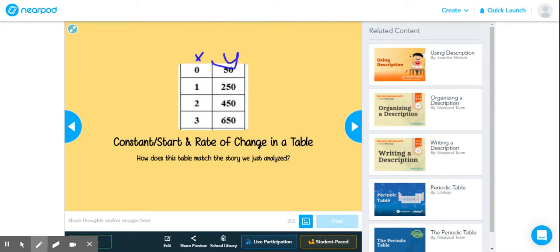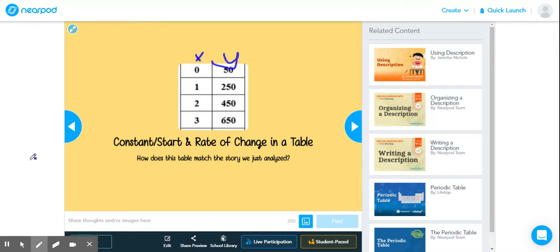Here it says constant start and rate of change in a table. How does this table match the story we just analyzed? Look at this table and tell me how and where you see those same values we just saw in the story problem.